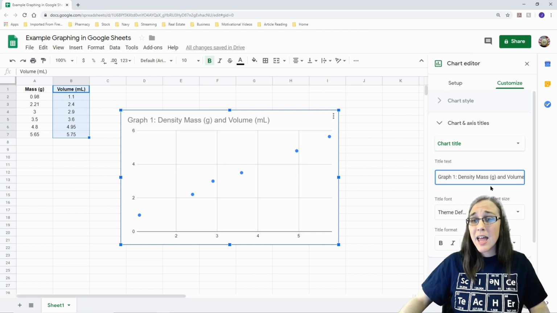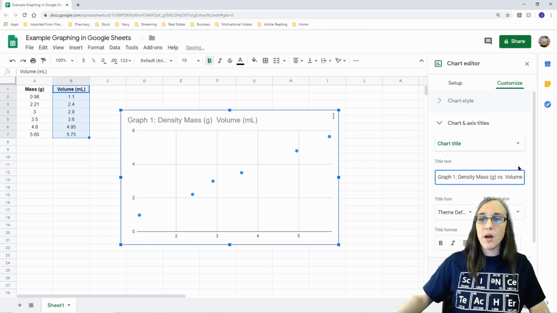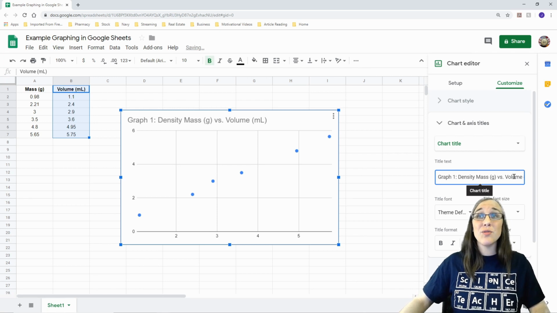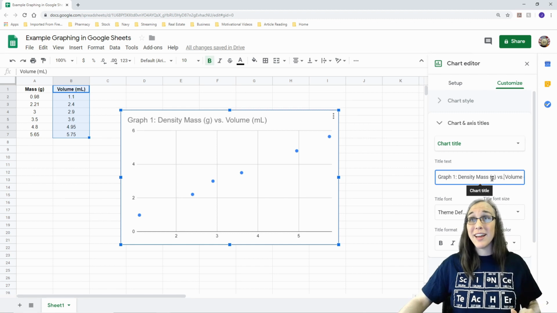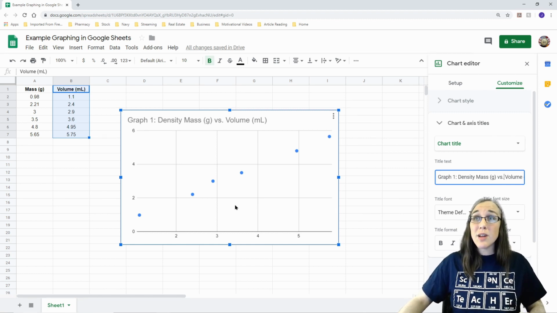So in this case, I have mass versus volume. That would be my y versus x. Excellent. Hopefully you've got it down that far. We now have a title on our graph. We still do not have a y-axis label or an x-axis label. We still need to put those in.